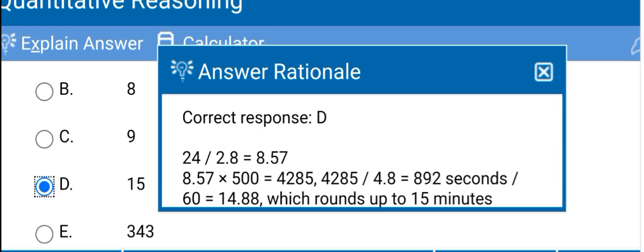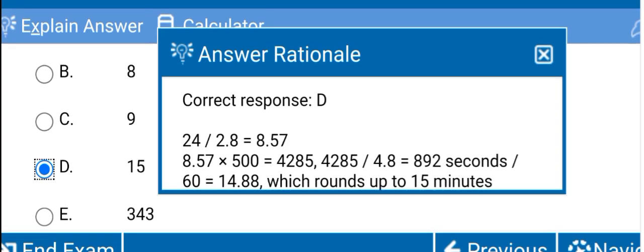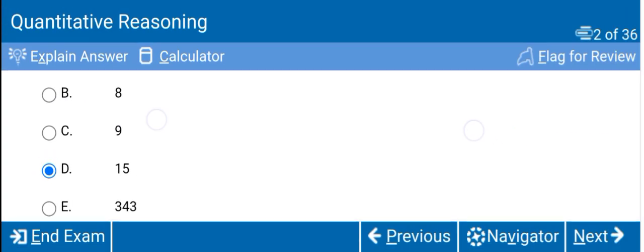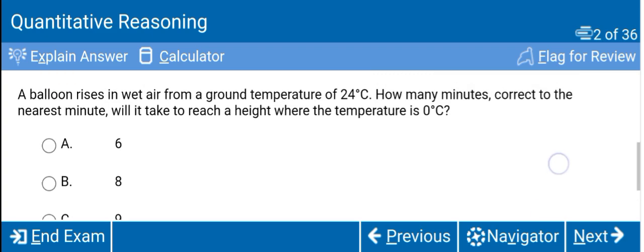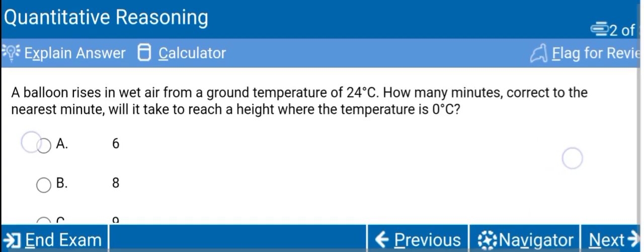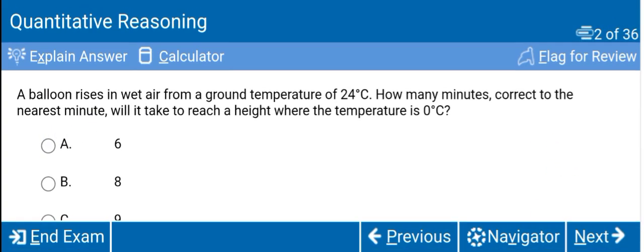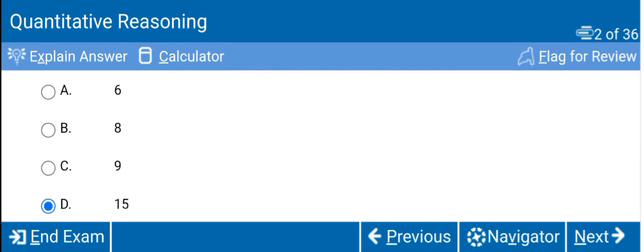That is divided by 60. So it equals to 14.88, which rounds up to 15 minutes. So that's how we have a correct option is option D, which is 15 minutes it will take to reach a height where the temperature is 0 degree centigrades.